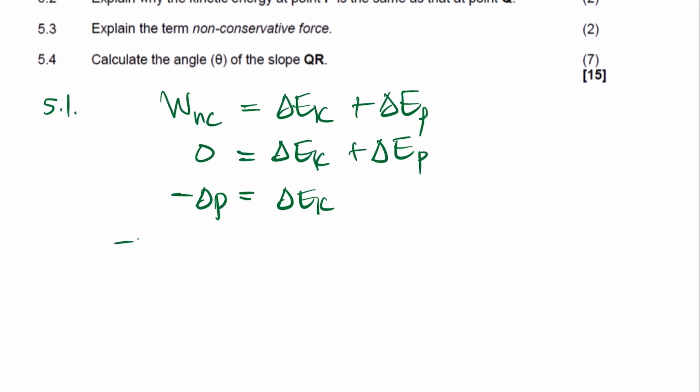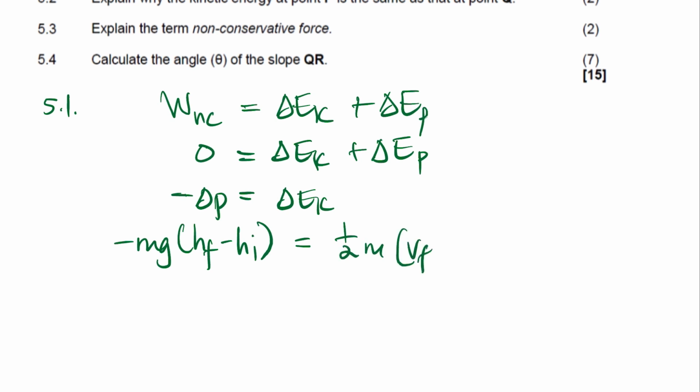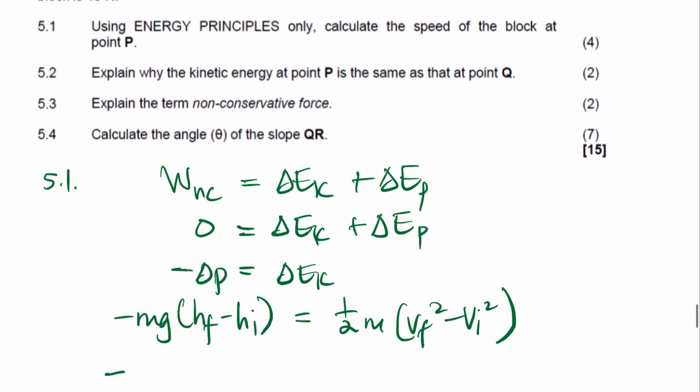So it's negative mgh final minus mgh initial, equals half mv final squared minus half mv initial squared. The mass cancels here.